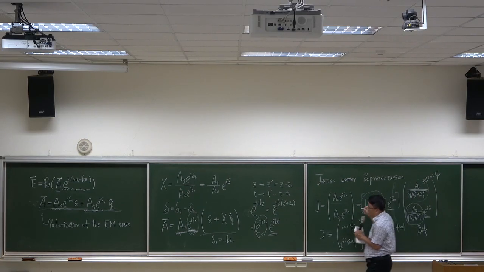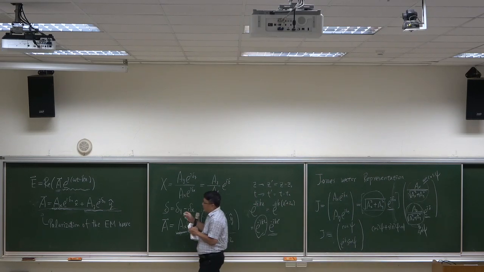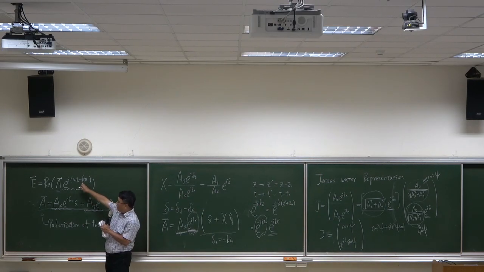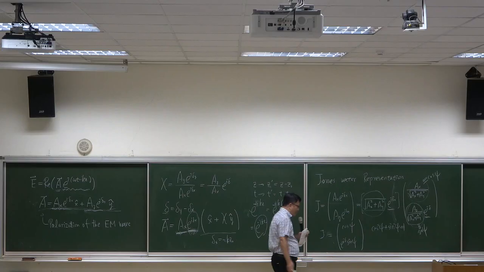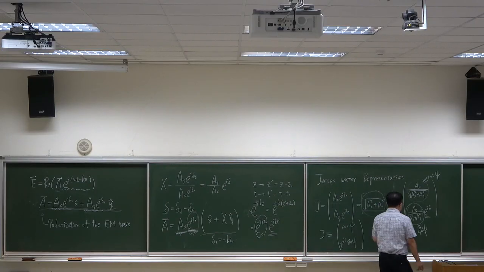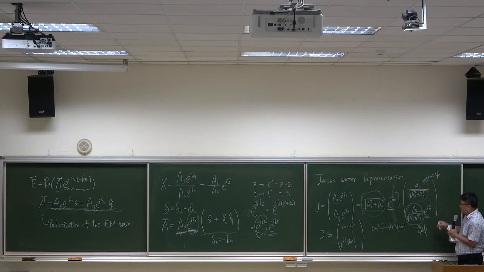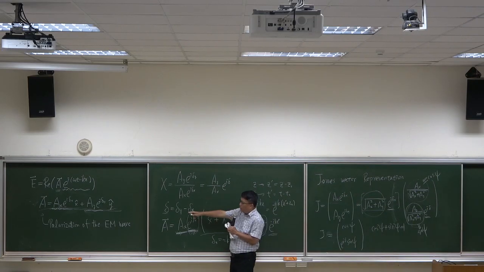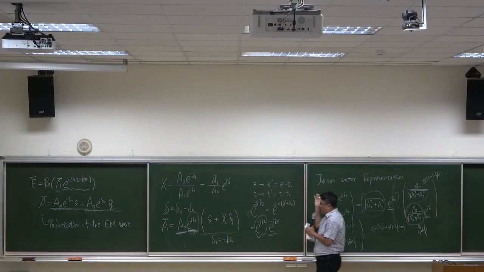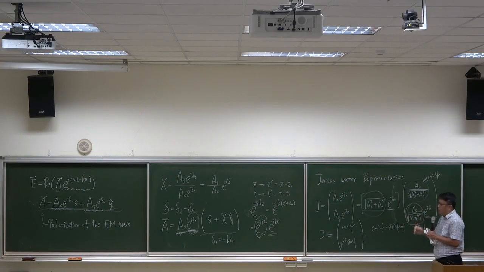We can change our coordinate system so that this delta_x can be included in the phase factor about the propagation in space and time. So only the difference delta_y minus delta_x is important in determining the polarization state of this light.